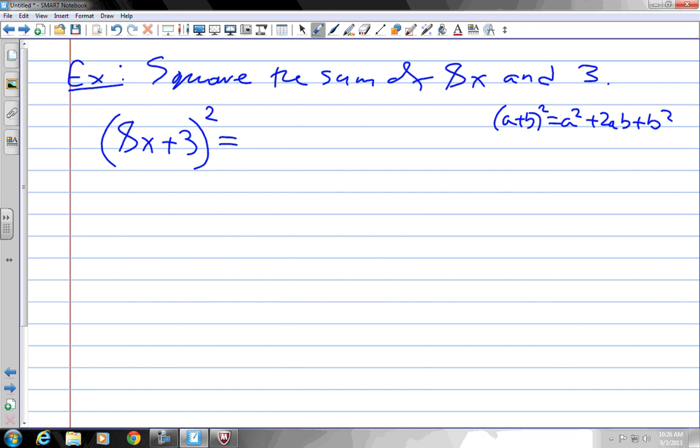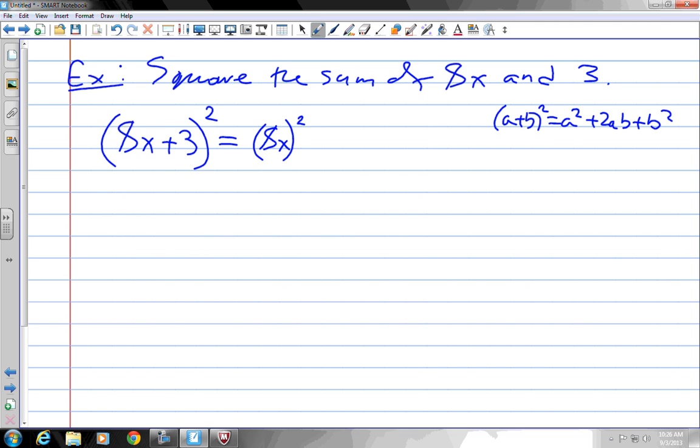So when you match this expression, (8x plus 3) squared, with (a plus b) squared, what is playing the role of a over here? 8x, right? So the formula tells me take whatever a is and square that. So I'm just going to write that (8x) quantity squared.